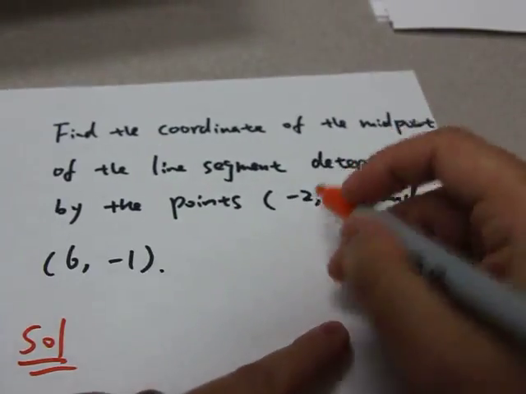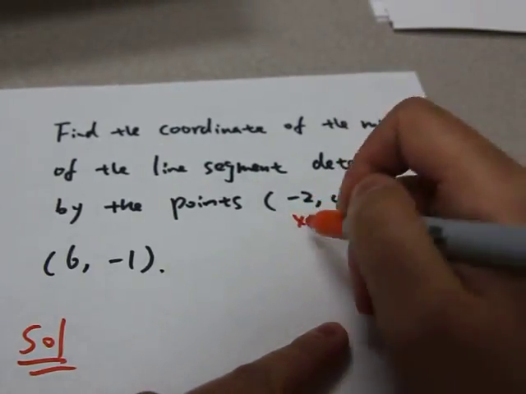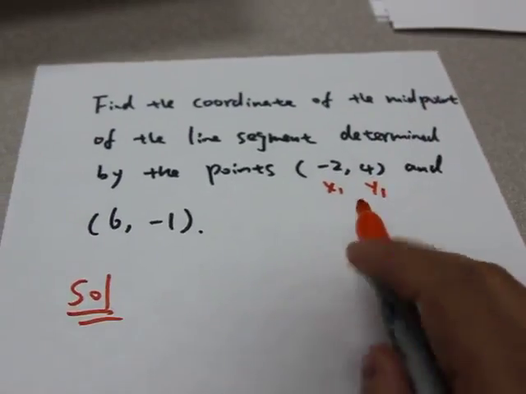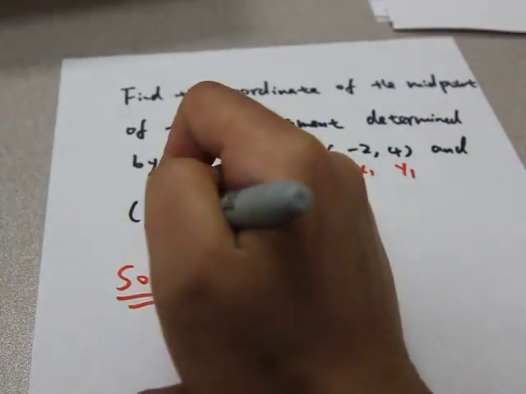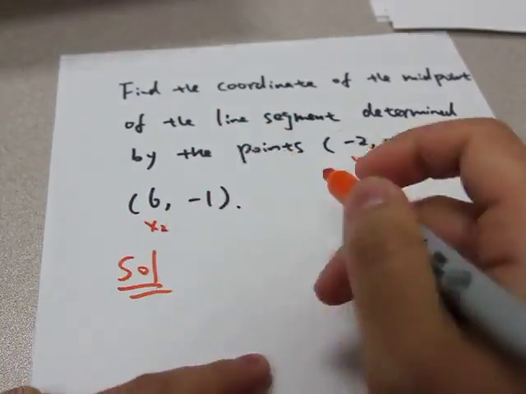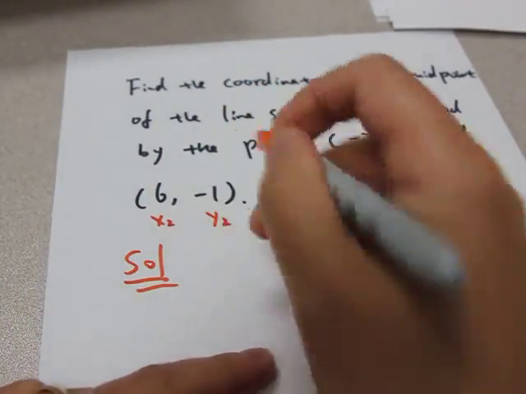So first I put x1 and y1 over here. So x2 is going to be 6 and y2 is going to be -1.